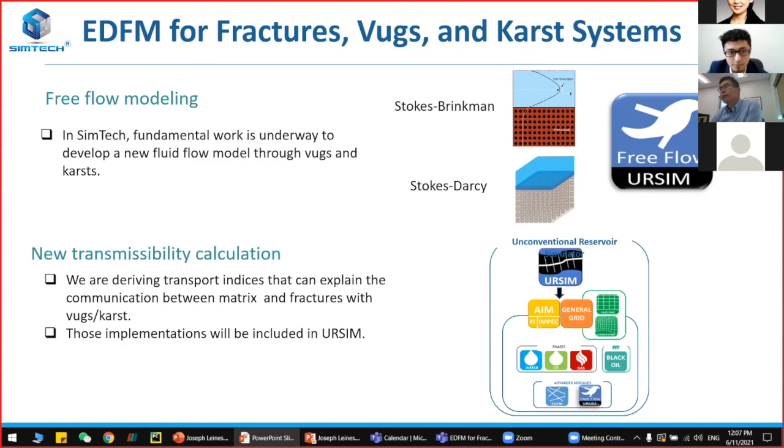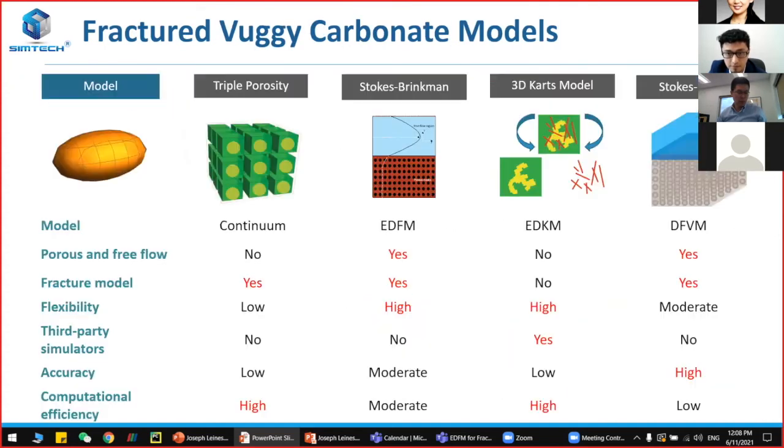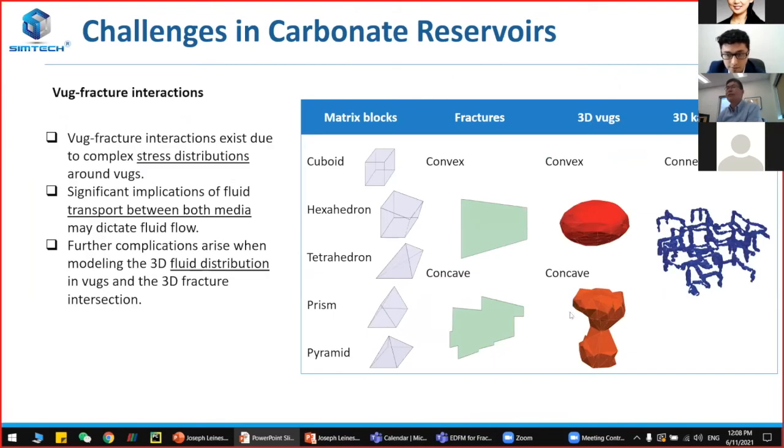For the preprocessor development, we have started, and as you can see here, we can read all the types of information from the operator, and we started working on the actual module that deals with the intersections between them. Working in parallel with this is the analysis of what will be the best simplification for the complex Vugs. As we can see here, some of them might have really intricate topologies, really concave shapes.